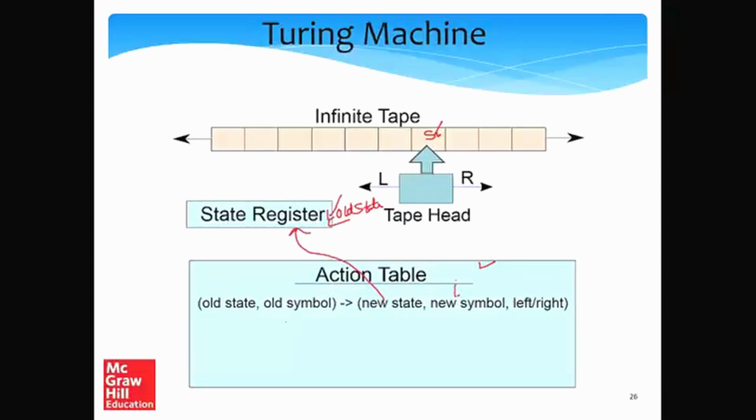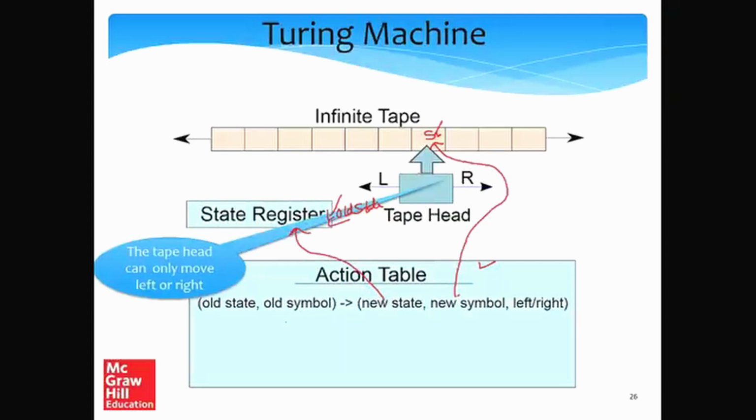We find the new symbol, so the current symbol is overwritten with a new symbol, and we move the tape head one step to either the left or to the right. So this is an incredible machine in the sense that it might not be obvious to you, but this can implement any program that you and I are interested in writing.